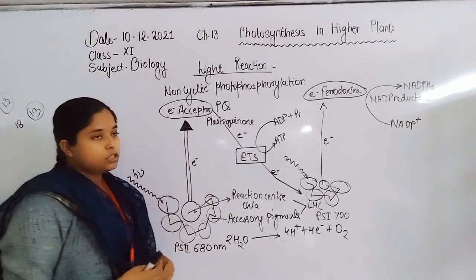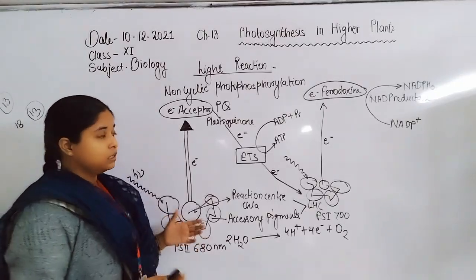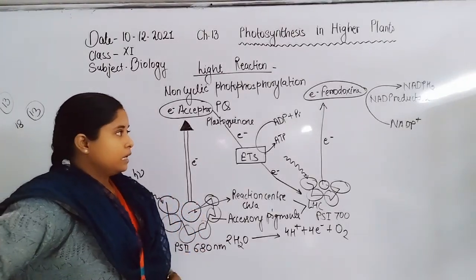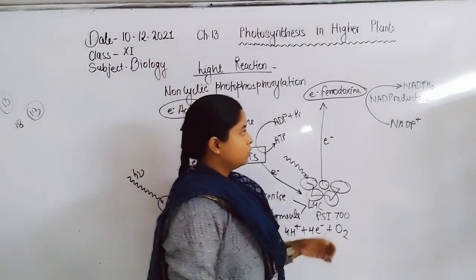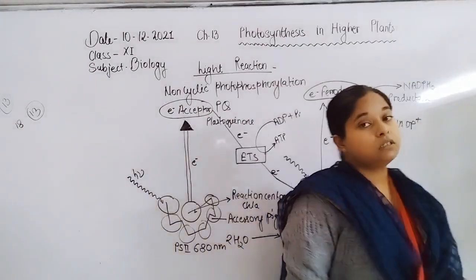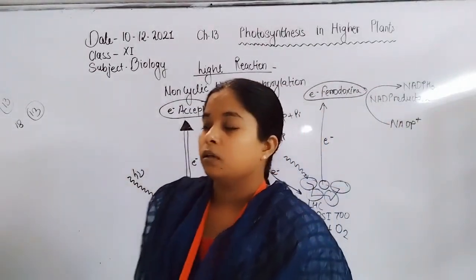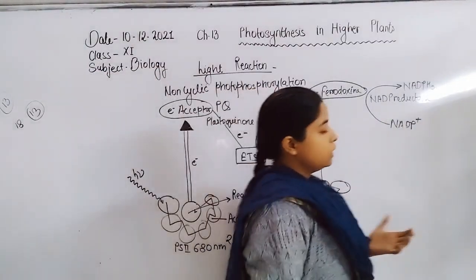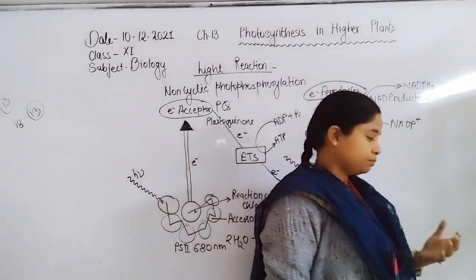Both photosystem I and II are present in the inner thylakoid membrane, and the enzyme NADP reductase is also present in the lumen of, or near the inner membrane of, the thylakoid.